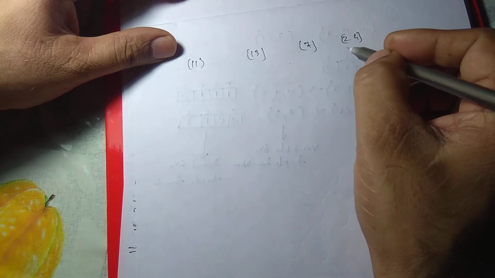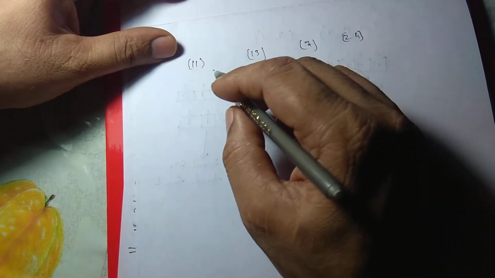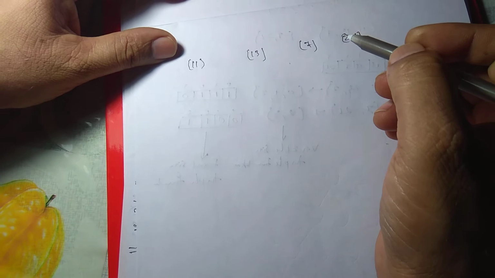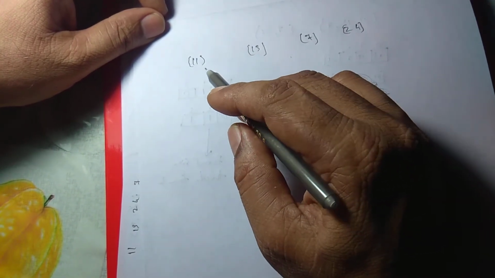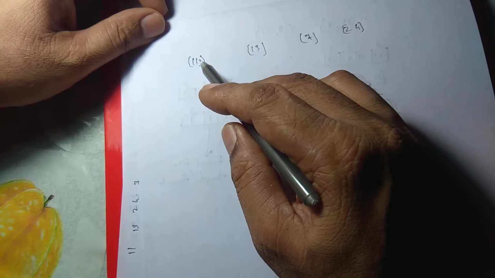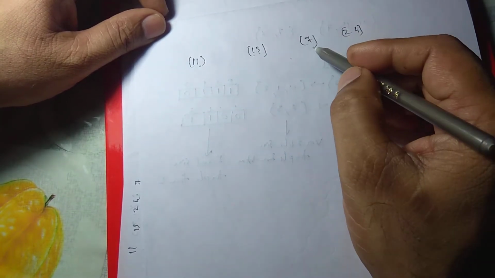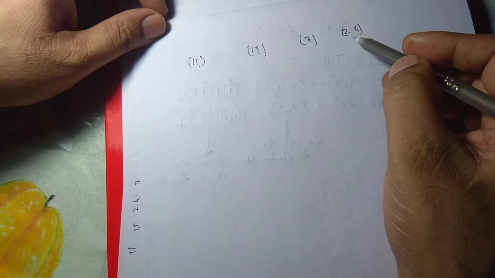These are the single element subsets. See, the subset sum is not equal to 31 here, not equal to 31 here, not equal to 31 here, and here also the sum is not equal to 31.